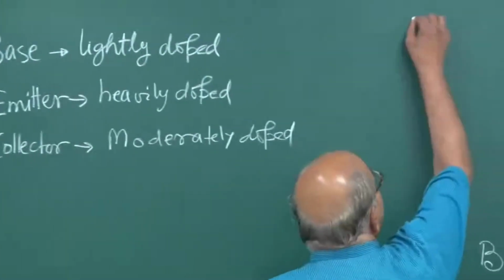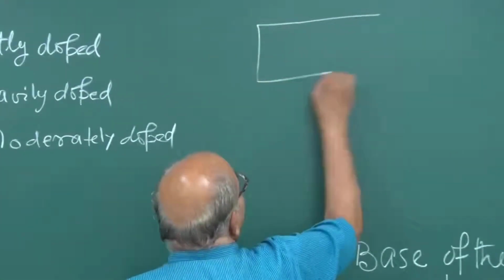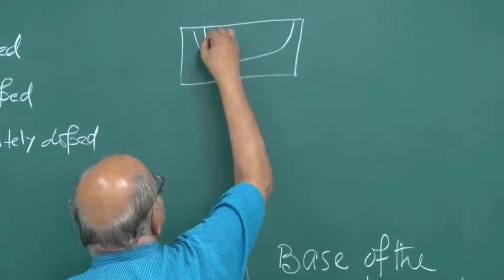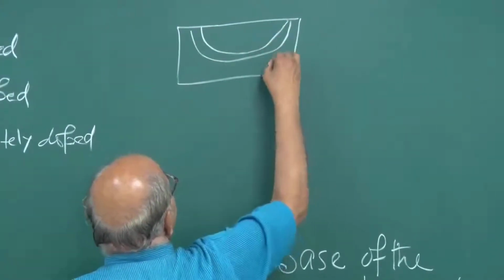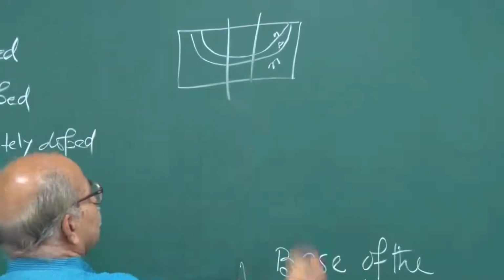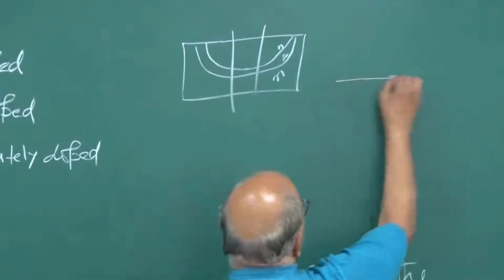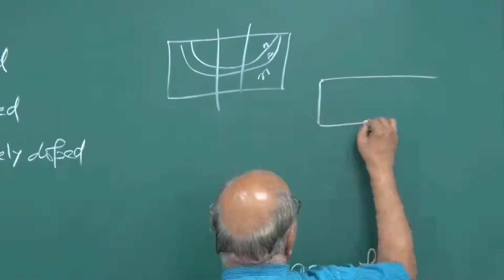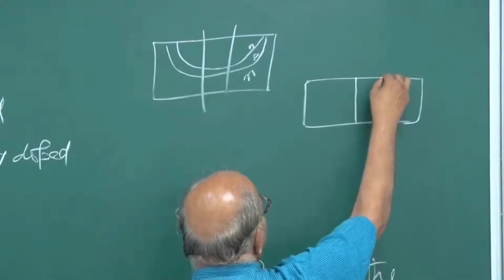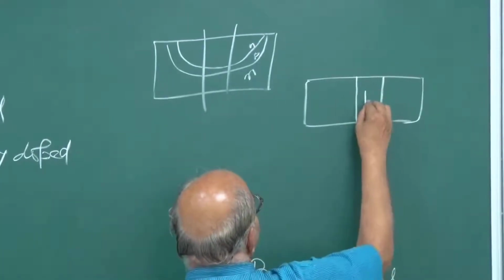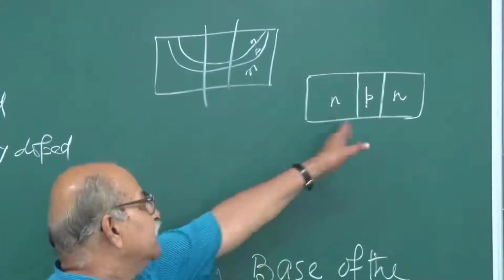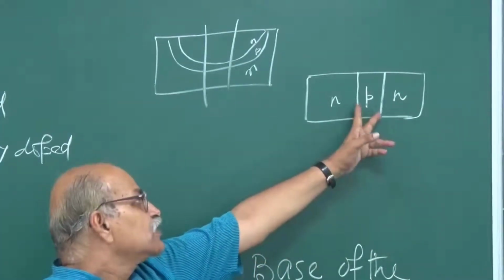If you have this kind of NPN structure, and I take this middle portion and rotate it by 90 degrees, I can show it like this. This is that sandwich layer, this is that N, this is that N. So, an NPN transistor.